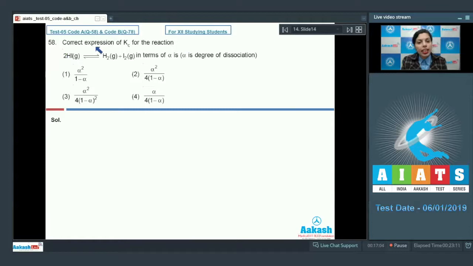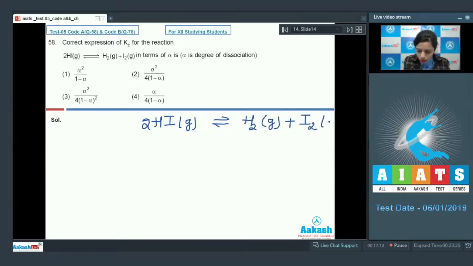Question number 58. Correct expression for Kc for the given reaction is. The reaction is 2HI. It's getting changed into H2 and I2. And we just need to find out the Kc value in terms of alpha. In the question it is mentioned that you have to find out the expression for Kc in terms of alpha, where alpha is the degree of dissociation.